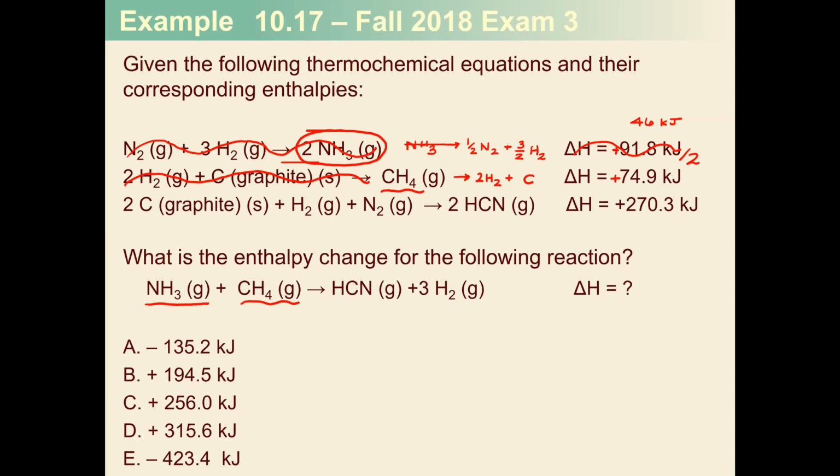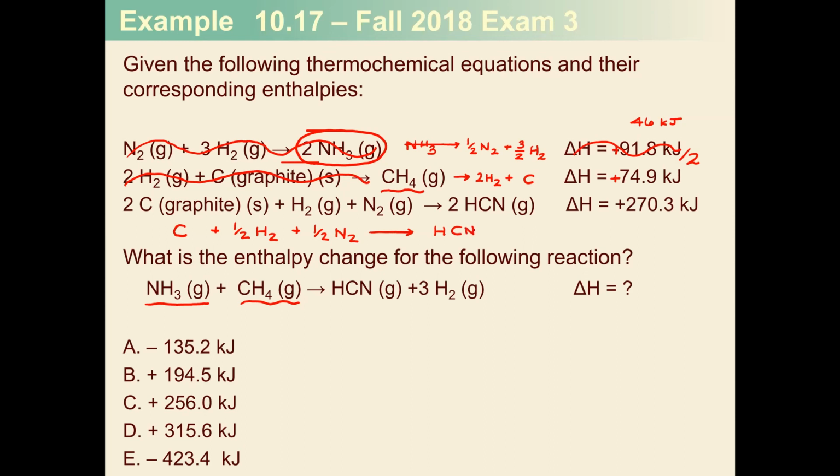Let's take a look at my final reaction. You will see here that the only thing I really need to do is go and divide it by 2 because I have the wrong coefficient. So I can have my carbon plus 1/2 H2 plus 1/2 N2 going to form my HCN.